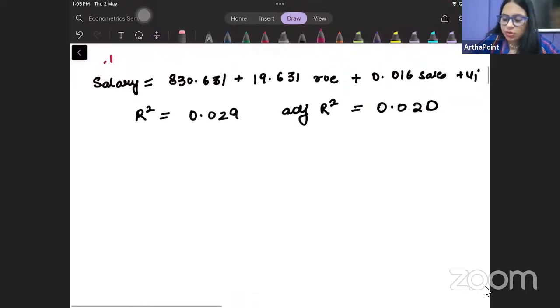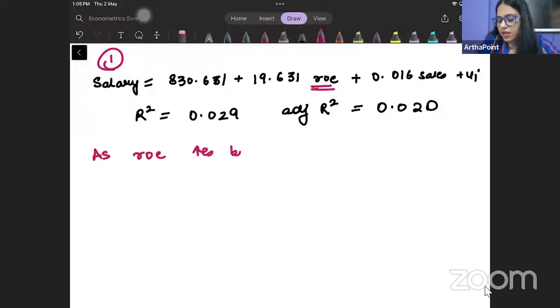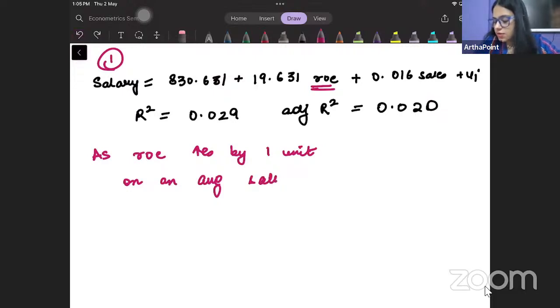So this is model number 1 beta. I am saying that as my ROE increases by 1 unit, that means the return on equity increases by 1 unit, then on an average, my salary increases by 19.631 units.